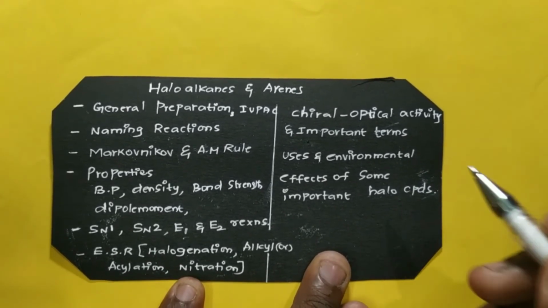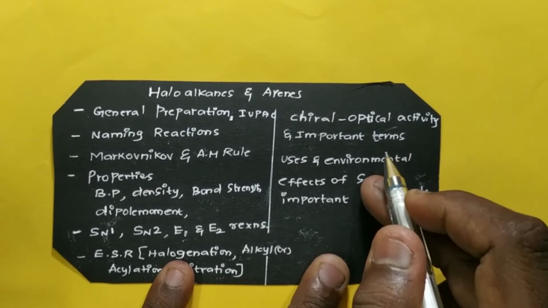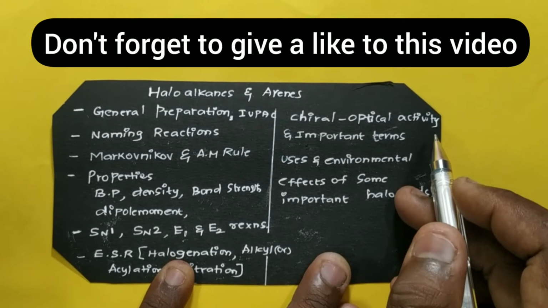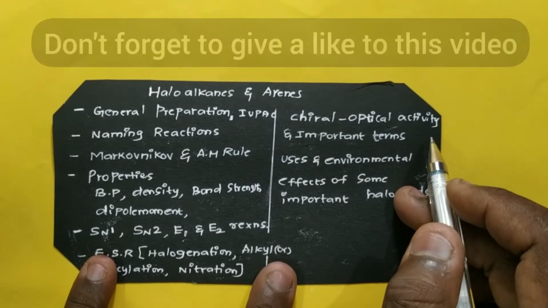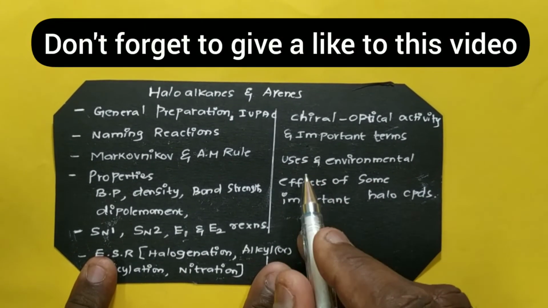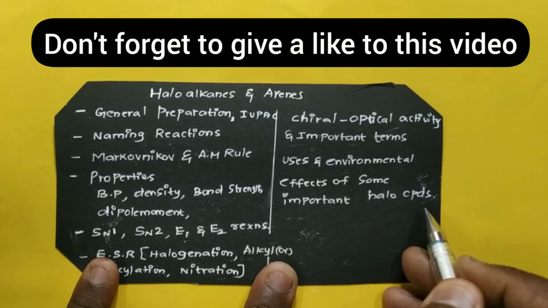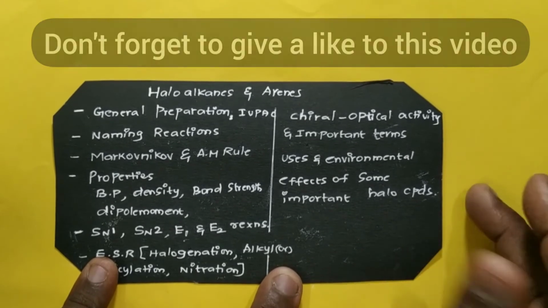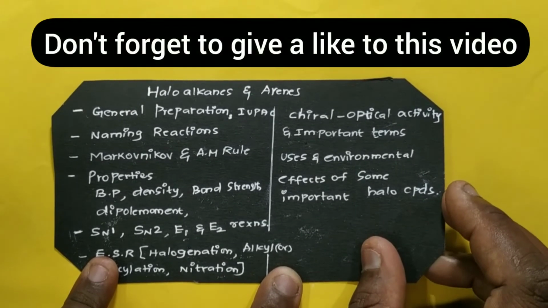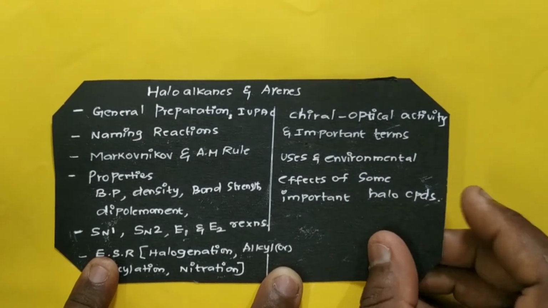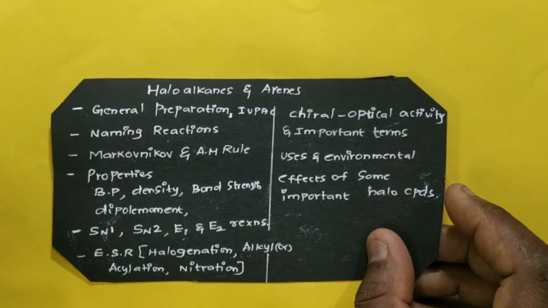So we have to find out whether it is chiral. If it is chiral, it will show the property of optical activity. We should define all those things. Then the uses and environmental effects of some important halo compounds like chloroform, CCl4, and methyl chloride; they'll be asking about these compounds in this area.